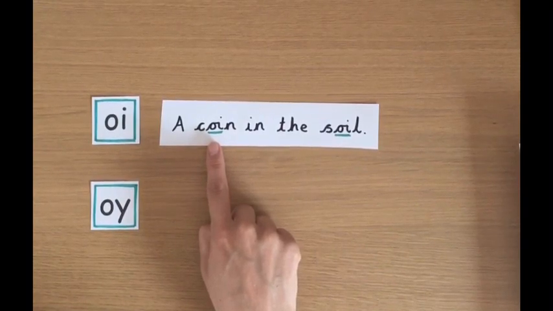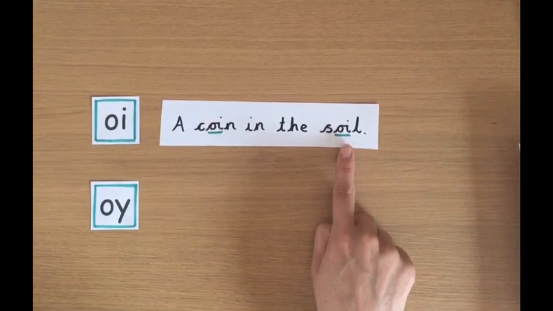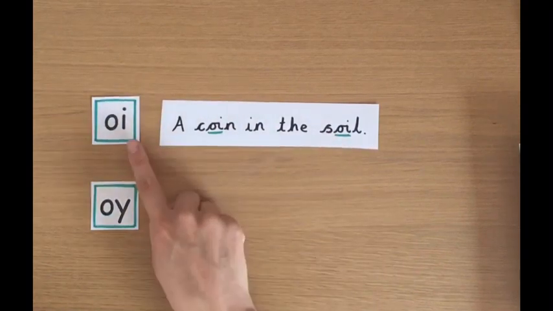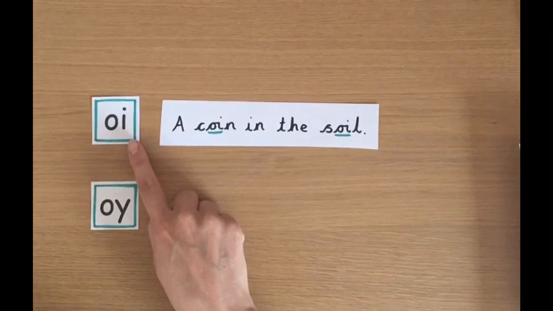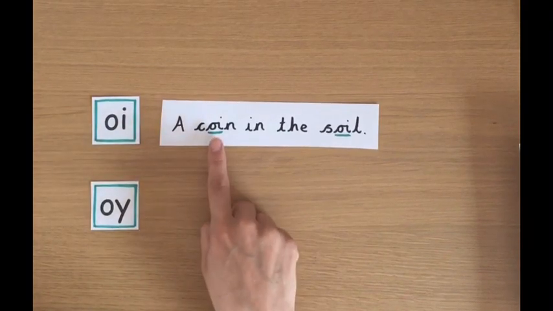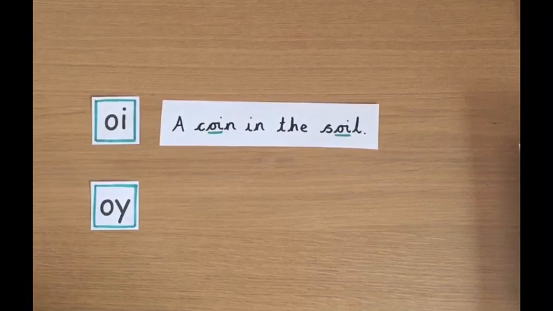Yes, in the middle. And then look at this one. Where's the oi sound in this word? It's in the middle again. So this oi sound is usually in the middle of a word. It can go at the beginning of a word, like in oil or ointment or oink, but it's usually in the middle, but it can go at the beginning as well.